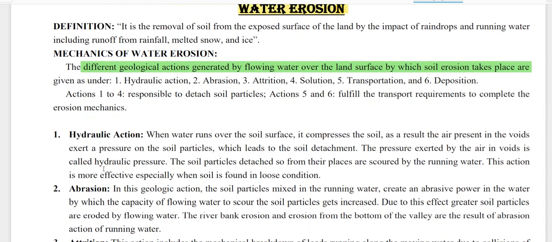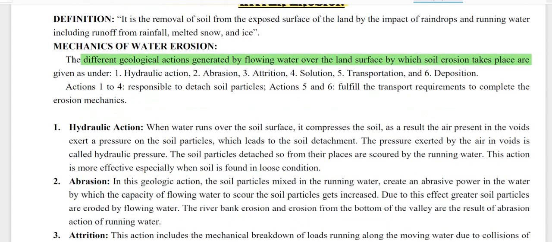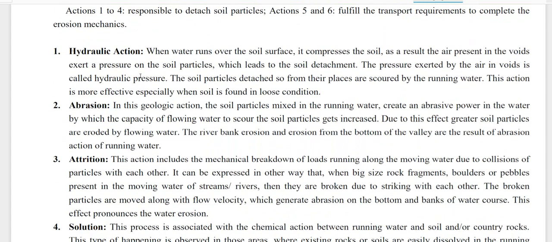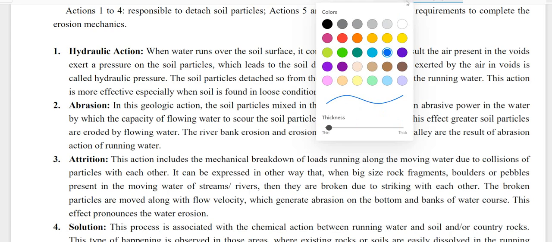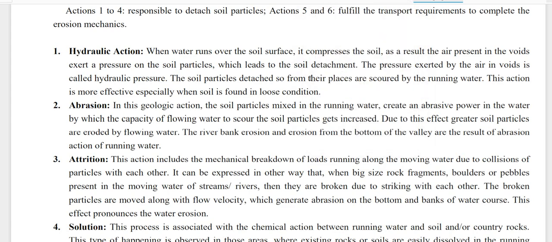So let's see first hydraulic action. Hydraulic action is when the water runs over the soil surface, it compresses the soil. As a result, the air present in the void exerts a pressure on the soil particles, which leads to the soil detachment.